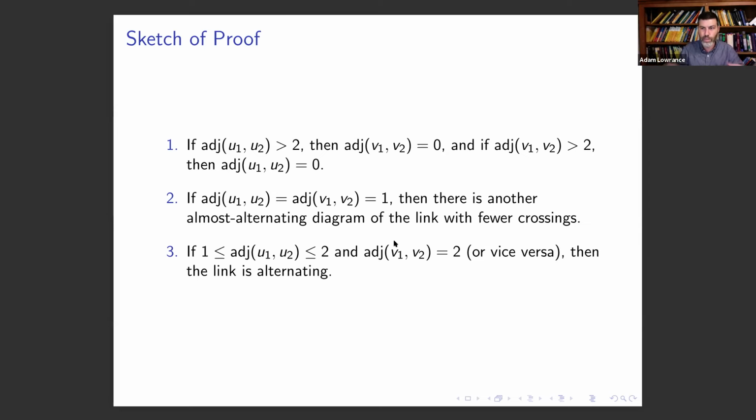So the question is, what happens when they're all 1s and 2s? When they're all 1s, you can reduce to a smaller crossing almost alternating diagram. When one is 1 and the other is 2, or both are 2, it turns out the link is alternating. It wasn't an almost alternating diagram anyway.